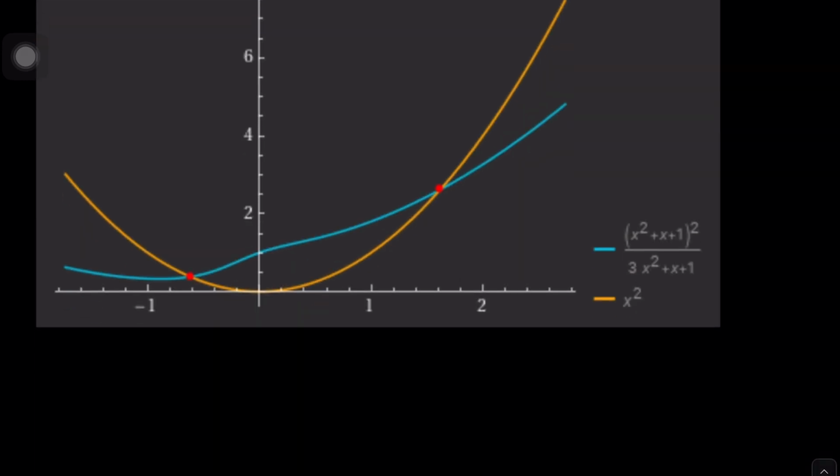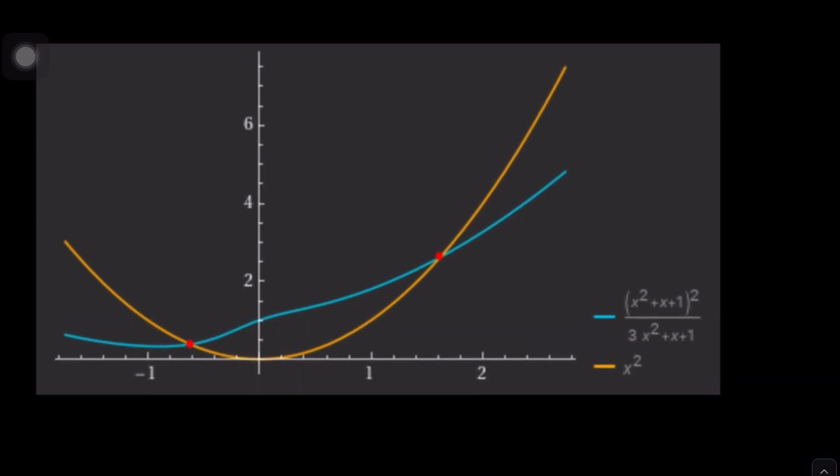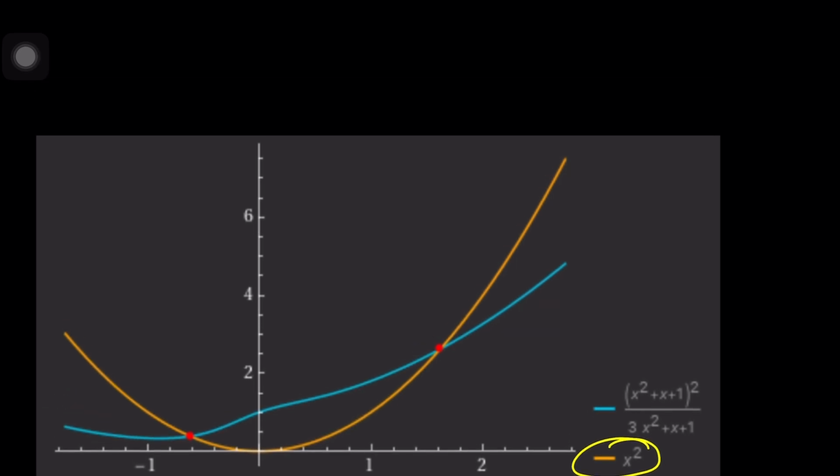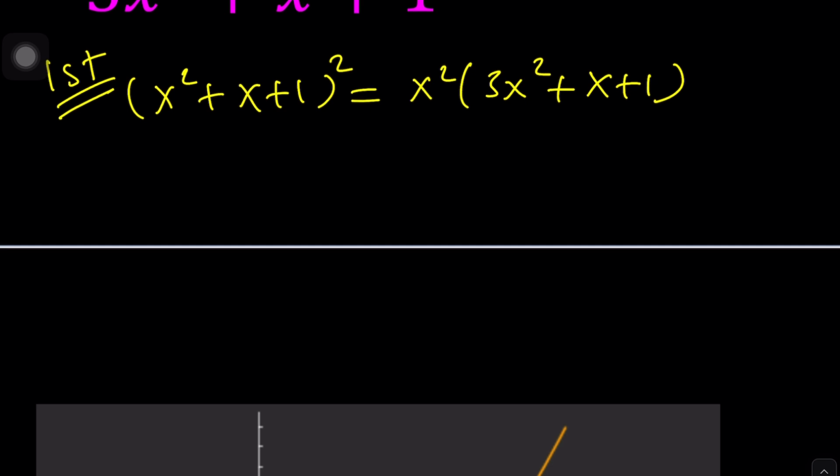So here's the graph. I find one of the graphs actually very interesting. One of them is the parabola, but if you look at the other one, it's like an interesting curve. That should be a rational function, but a really interesting one that has some asymptotes. I think you can evaluate them by division. Anyway, so that's going to be our first step.